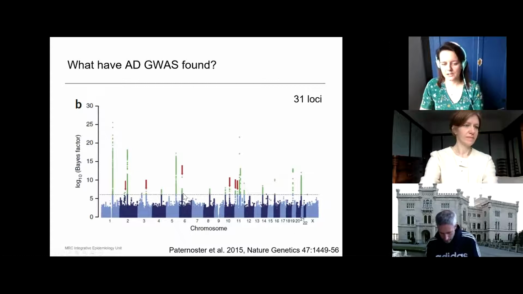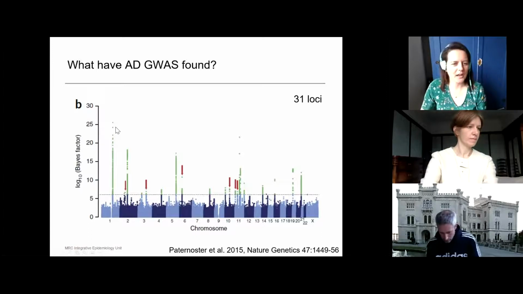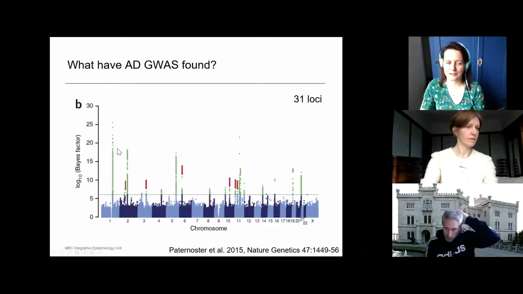Everything above this dotted line meets a genome-wide significance threshold. So all of these peaks that you see in green are where we've found good evidence for association at those loci. As Sarah was mentioning just before I started, the strongest hit that we see is absolutely on chromosome 1 around the filaggrin gene.